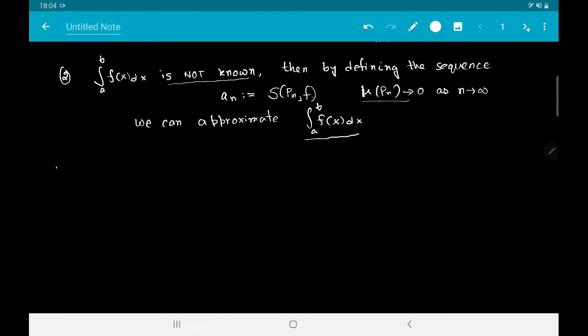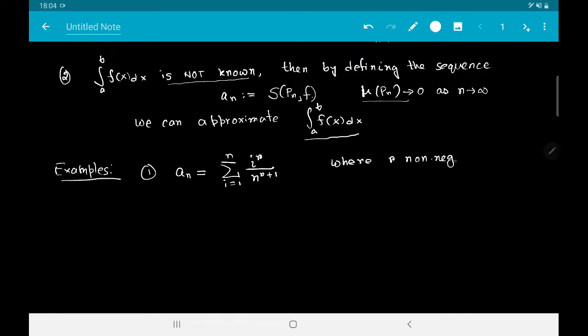Suppose we were given the following sequence. a_n is given by the summation i equals 1 to n of i to the power r divided by n to the power r plus 1, where we can take this r to be a non-negative rational number.